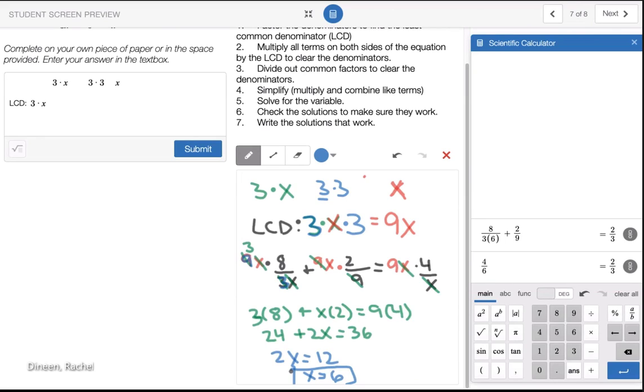Feel free to go if you are good. If you have questions, please stay and I can help you with the graded practice for today, or I can go over any of these examples again.